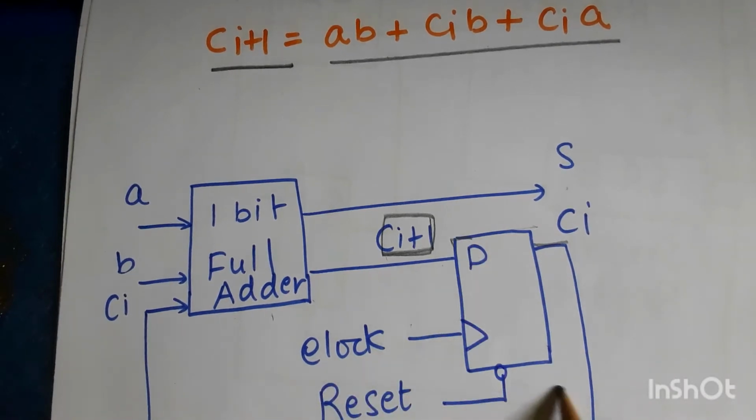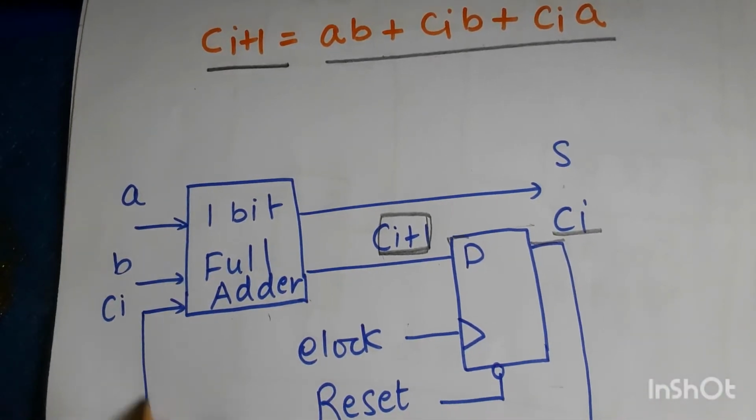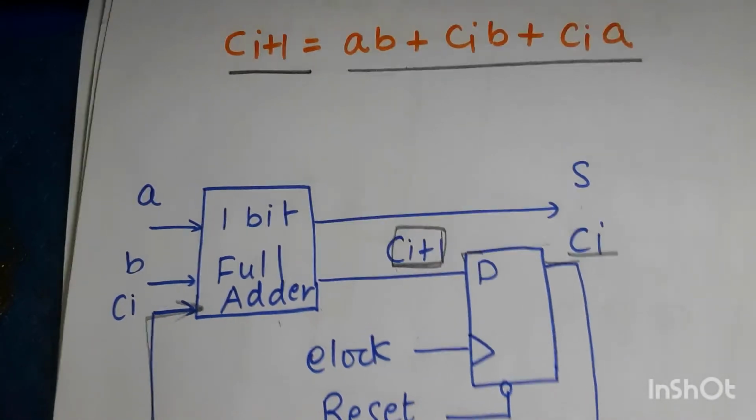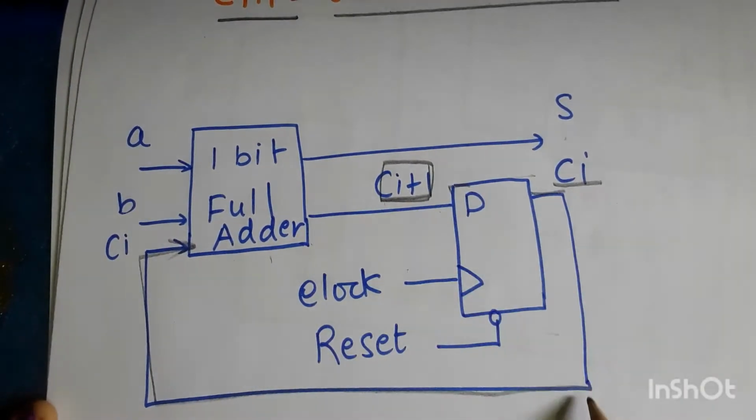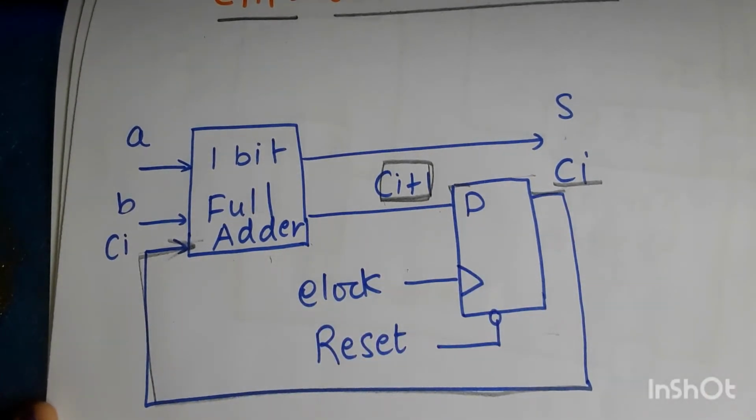The D flip-flop gives the value Ci in the next clock pulse and it goes to the full adder. Ci is the feedback, and carry is evaluated on the basis of A, B and the previous value of carry.